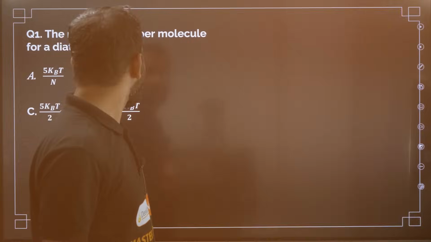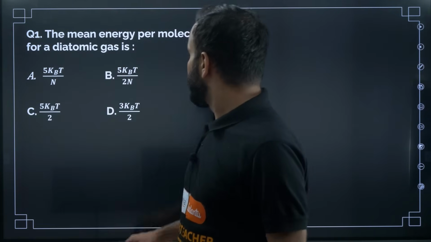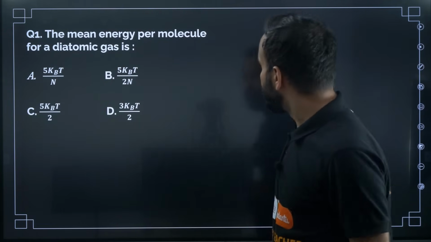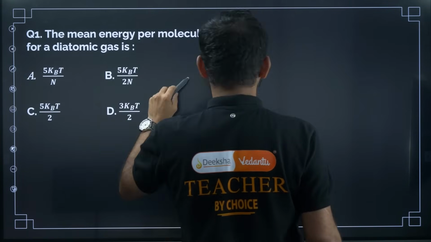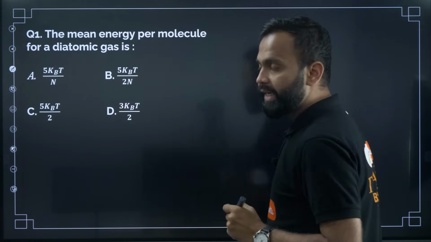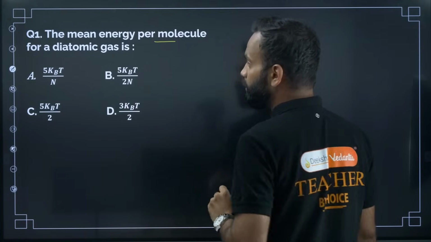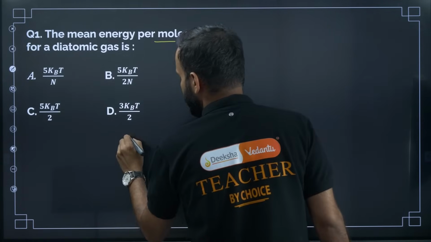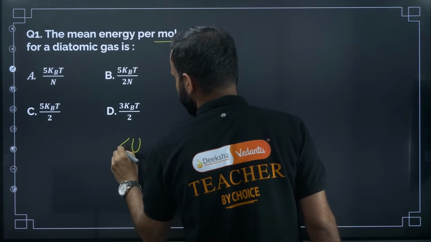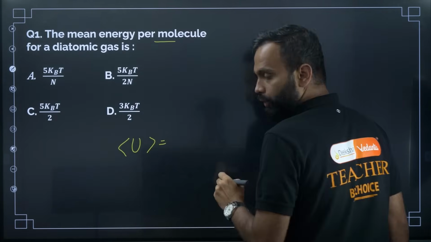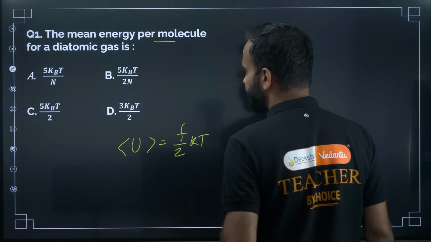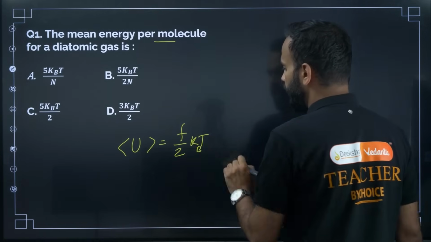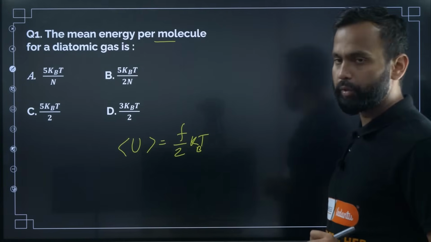The first question: the mean energy of the molecule for a diatomic gas. Here, mean energy per molecule is equal to F divided by 2 into K into T, or Kb into T. Kb is the Boltzmann constant, T is the absolute temperature.